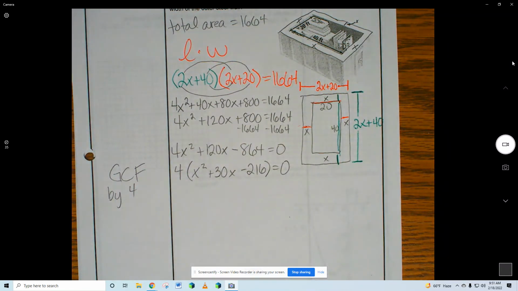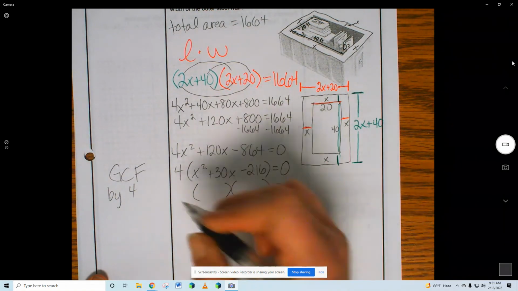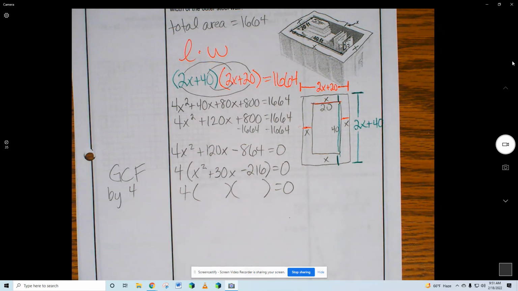Then on your calculator, you would say 120 divided by 4. 864 divided by 4. And now I get to try and factor it. Two things that multiply to make 216 and add up to 30. So you would use your calculator, do guess and check, like 216 divided by what?